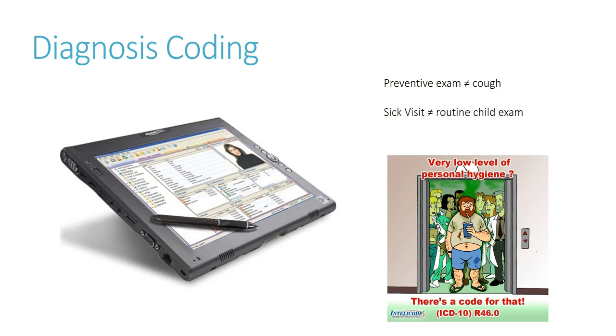So just a final word about diagnosis coding. Diagnosis coding, you are typically in a nurse practitioner setting in an office, for example. You will have a template that comes up that may have the top 10, 20 or so diagnoses codes that are seen in your clinic.